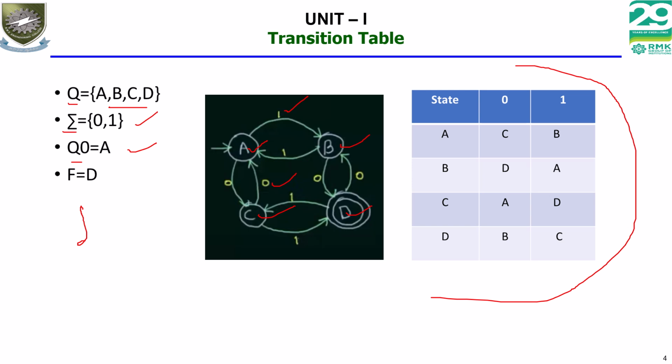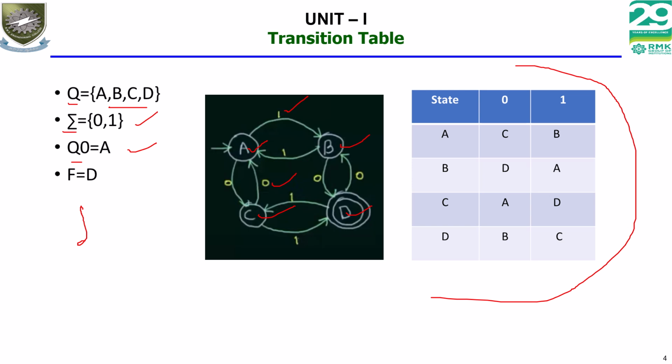State A, by taking the input 0, will move to state C. Likewise, state A, by taking the input element 1, will move to B. Then state B, by taking the input element 0, moves into state D. B, by taking the input element 1, moves into state A.